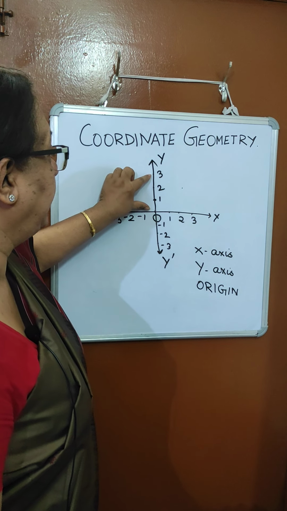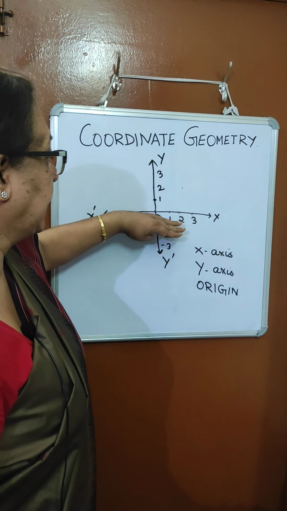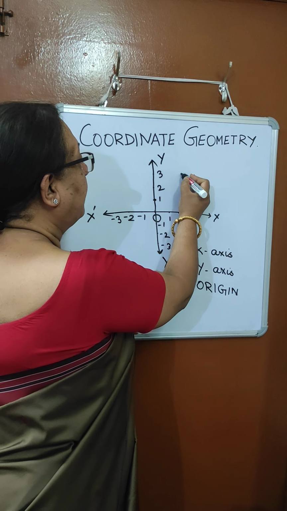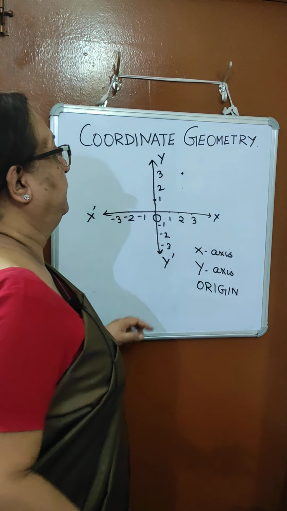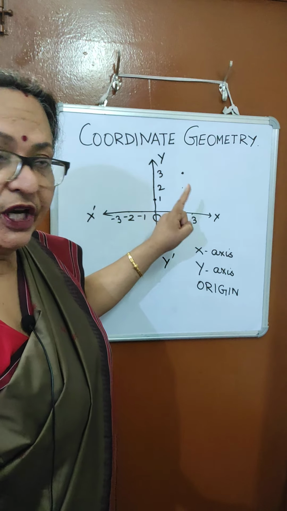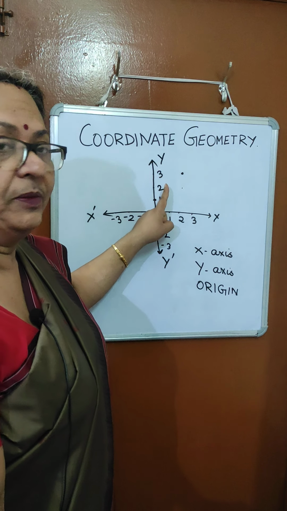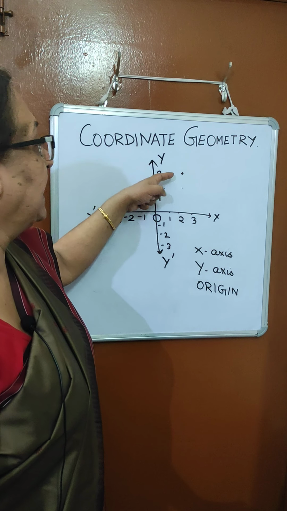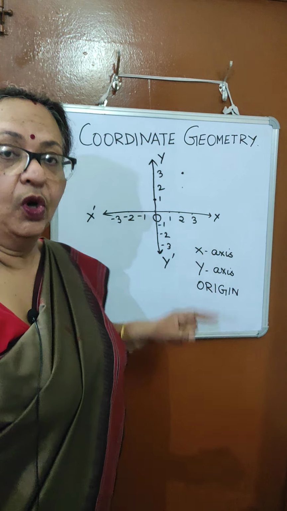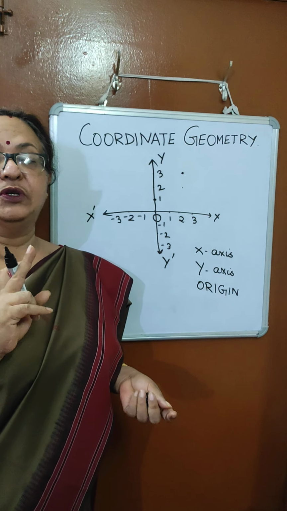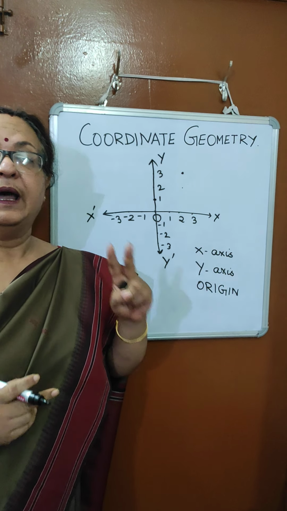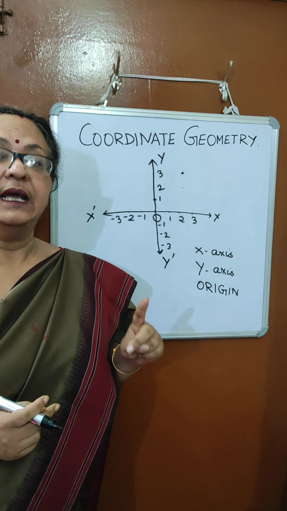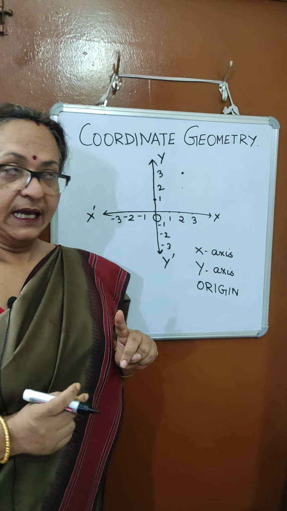This distance is 3 units from the x axis. So if I mark a point here, now let us check: is it 2 units far from the y-axis? Yes. Is it 3 units away from the x-axis? Yes. So, to get a definite position of a point, two numbers are required. Its distance from the y-axis and its distance from the x-axis.